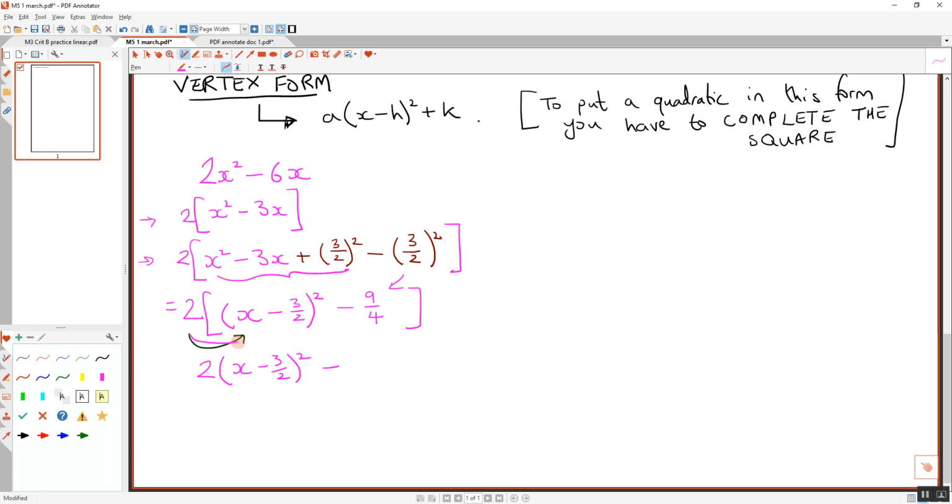I'm going to now do the 2 multiplied by this part. So 2 multiplied by 9, and it's all over 4. I've done it like that because that 2 is going to cancel with 2 here.